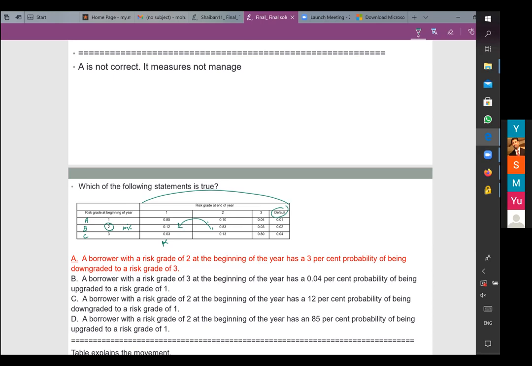This is real data. If I'm going to take one of those companies that is here, they have a probability.